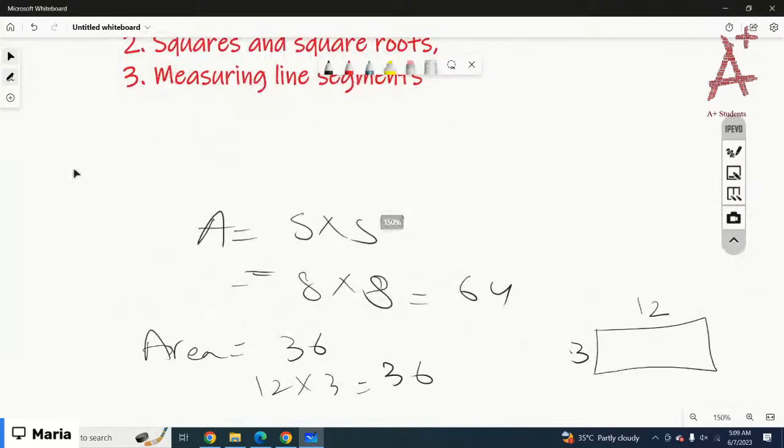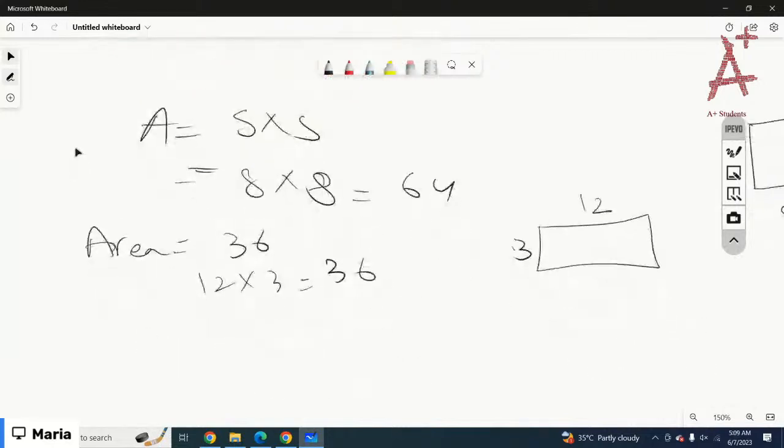Got it? Then you can make 4 times 9 is 36. You can make another rectangle. Then you can make 2 times 18. That would be another rectangle. Got it? And then you have 6 times 6 equals 36.